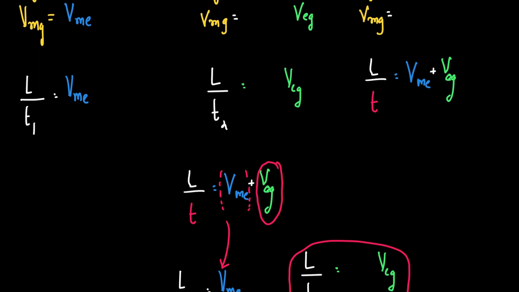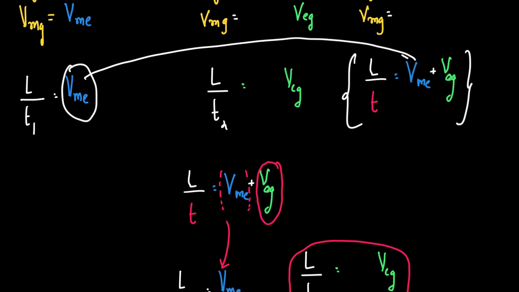Now, from these three expressions, we can say that L by T1 is Vme, L by T2 is Veg, and the only leftover here is L by T is equal to Vme plus Veg. But what is Vme? So we can plug in Vme here. What is Veg? Which can be plugged in from here.